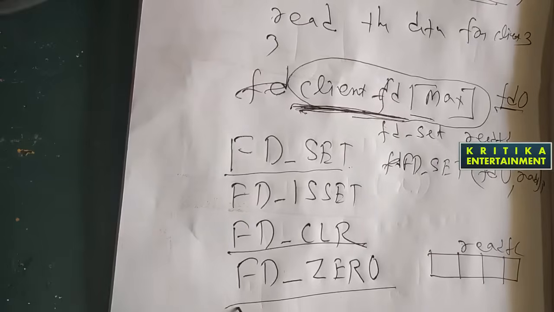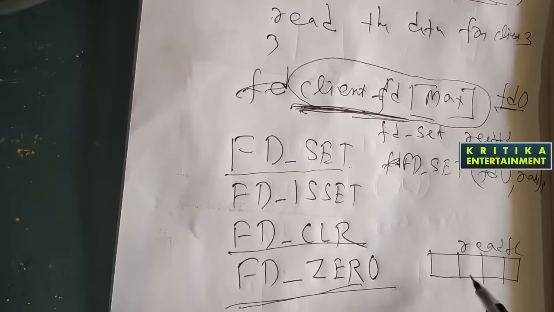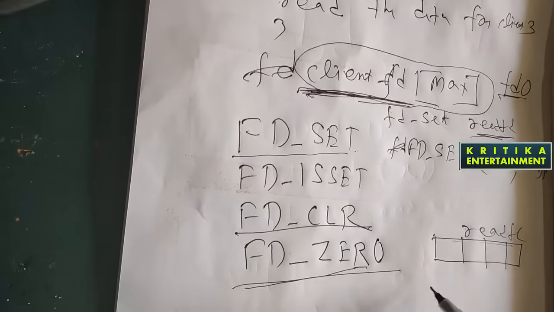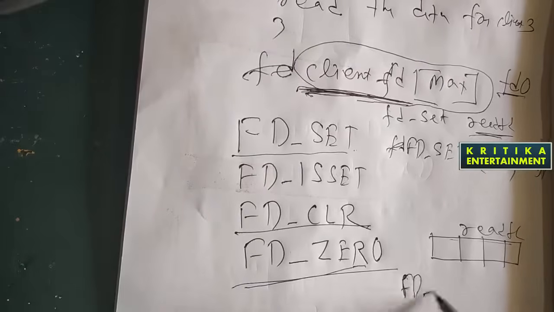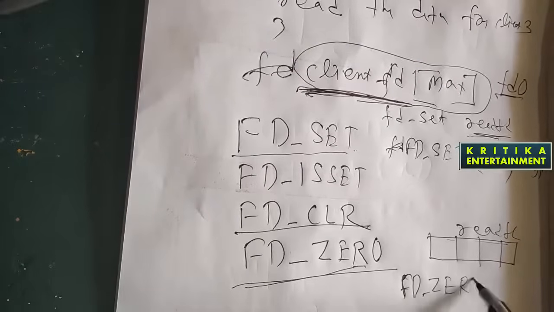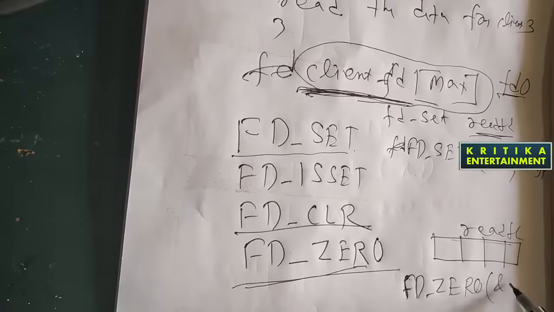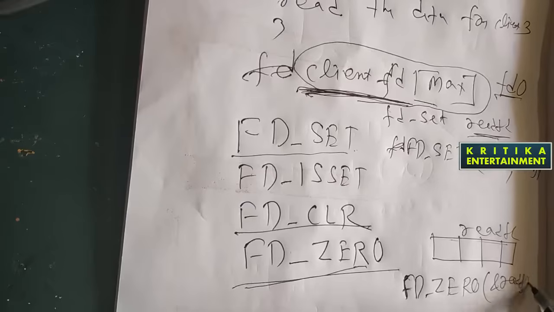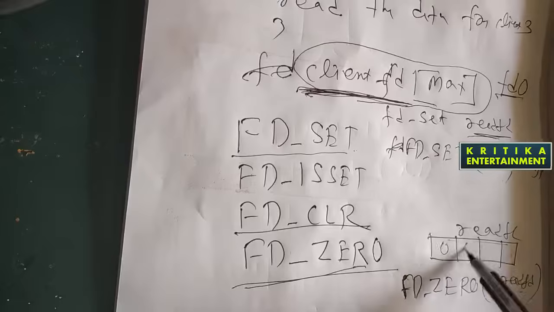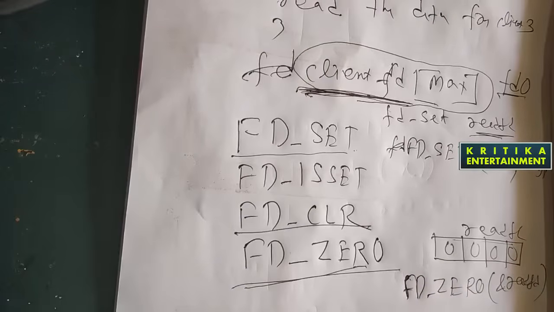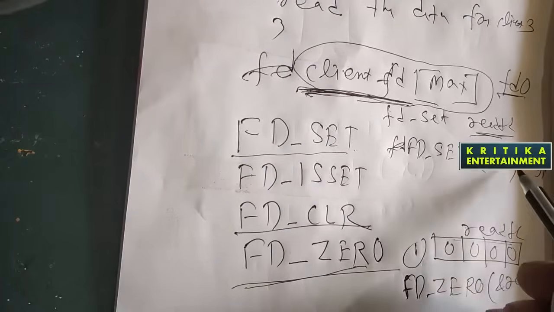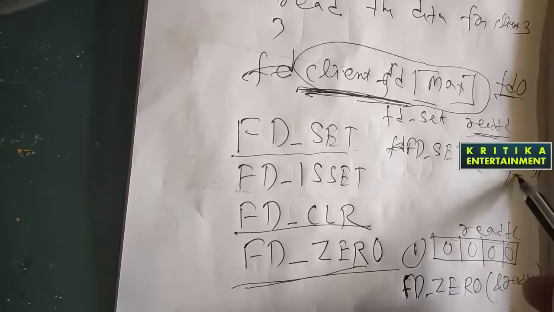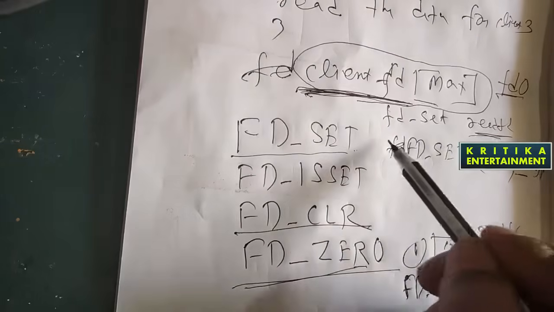So when you declare this, I should immediately write FD_ZERO, then ampersand read FD, so that all these bits will be 0. Initially that is the first point. Second, for whichever FD you want to add to this read FD, you use FD_SET.